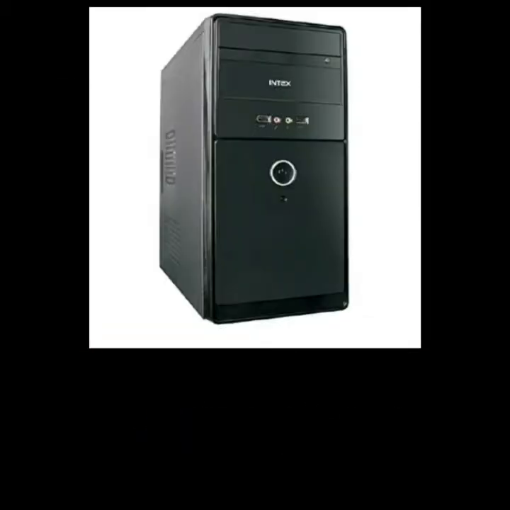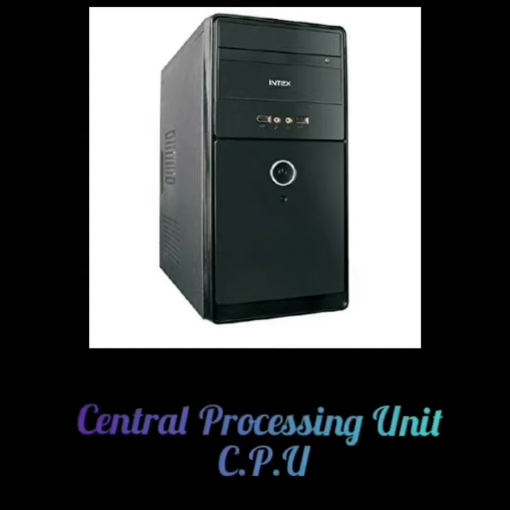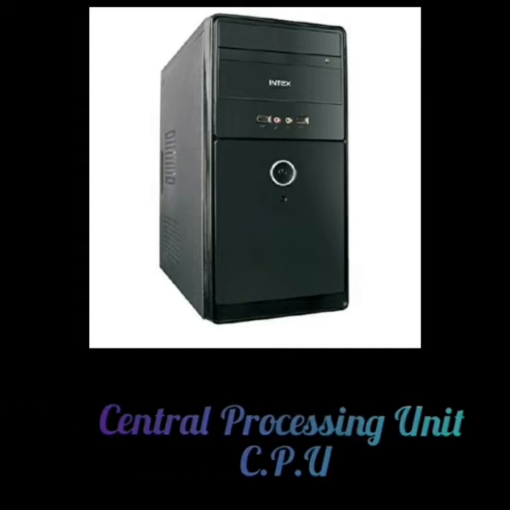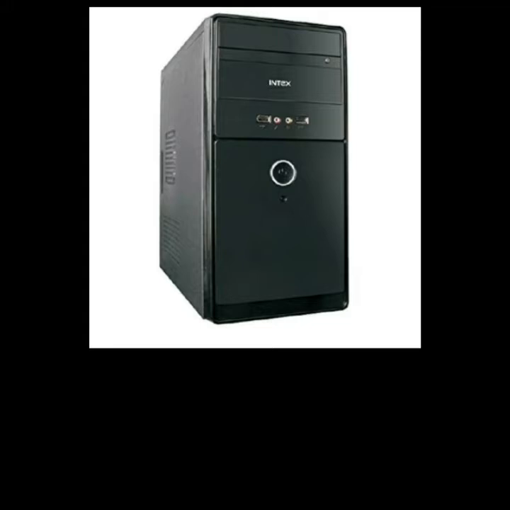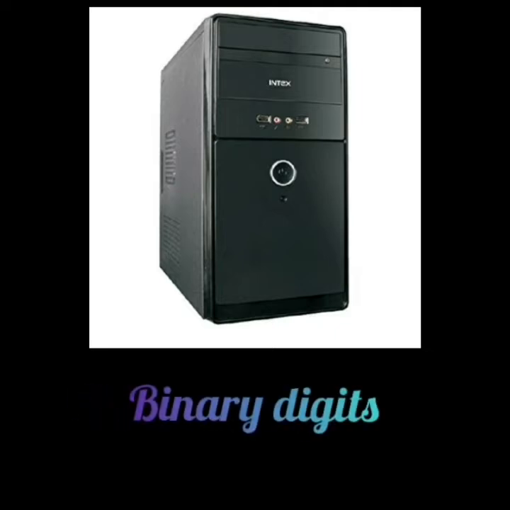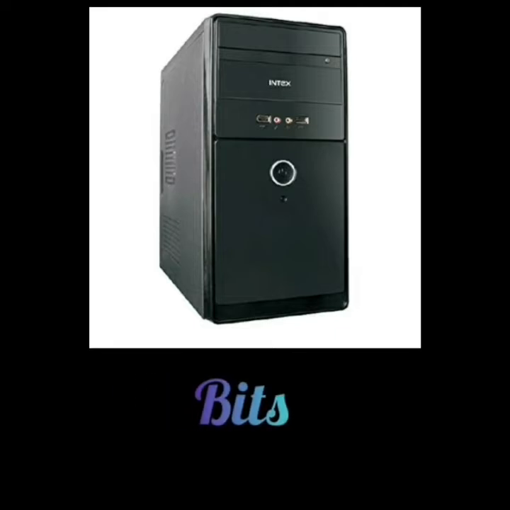Computer memory stores data that is accessed by the Central Processing Unit, the CPU. The CPU contains circuits that control and execute these instructions. A computer stores information in the form of 0 and 1. These are called binary digits or bits.